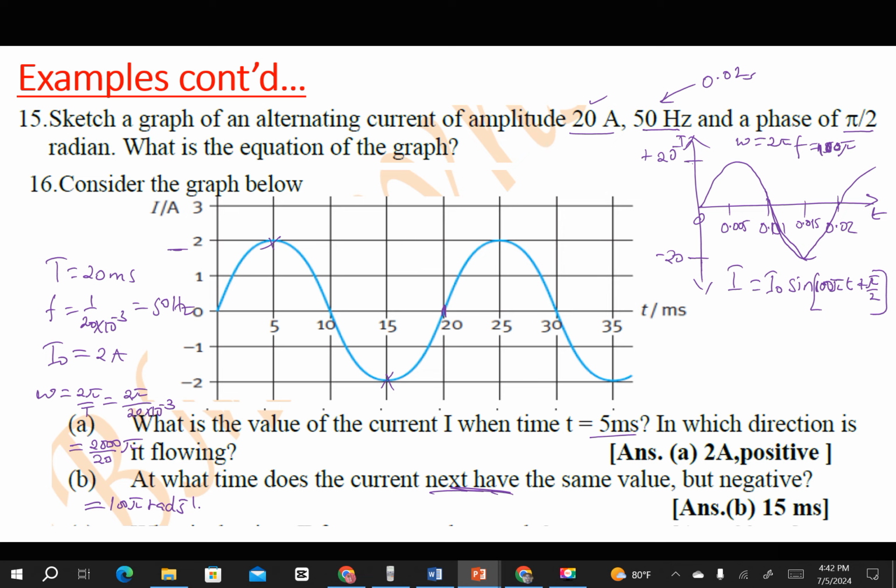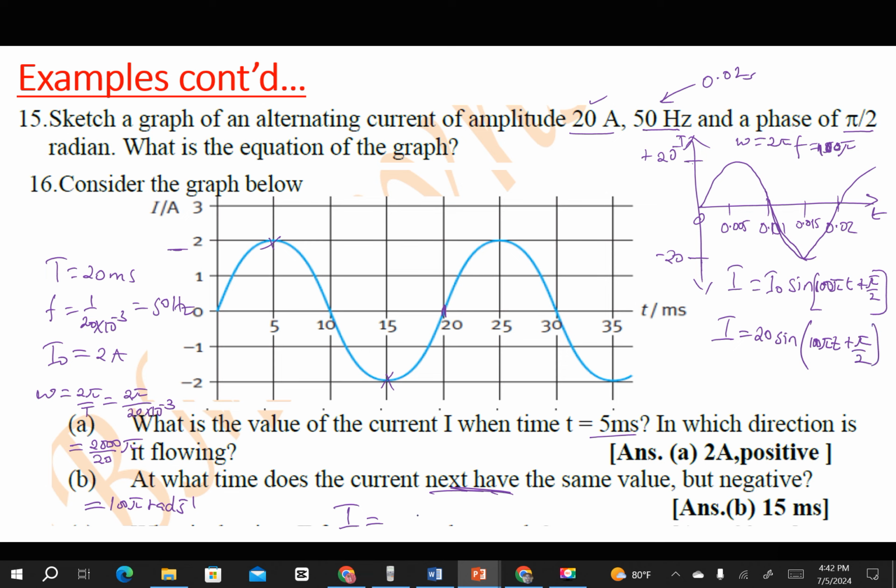Then suppose they want us to write the equation. Because it is current, I equals I naught sine of omega t. By the way, the first equation I would have modified to be I equals I naught sine of 100 pi t plus pi over 2.